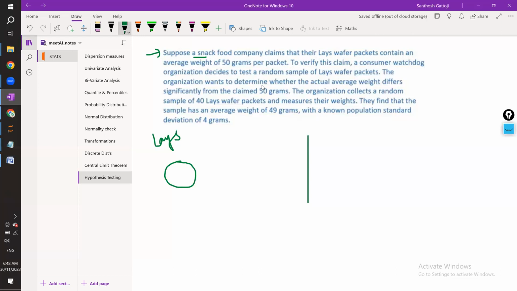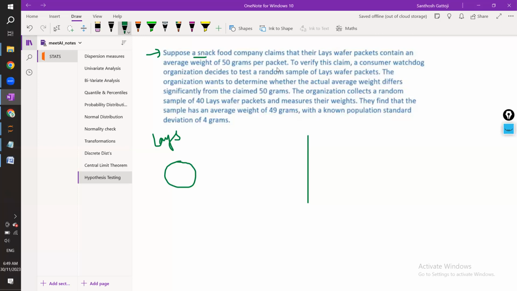So what they have done, they have considered a sample of how many? 40 samples. They considered a sample of 40 and then they have done some testing. Based upon that, we need to decide whether this statement, that 50 grams per packet, is true. Can we accept this or not?